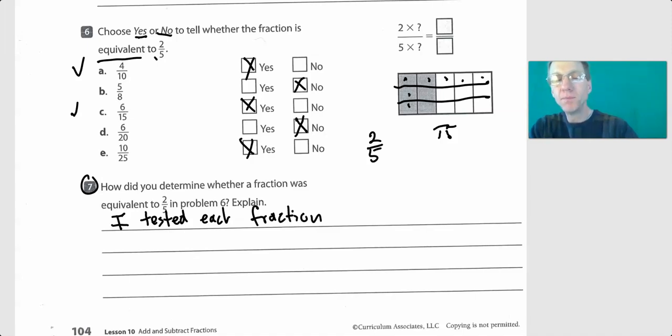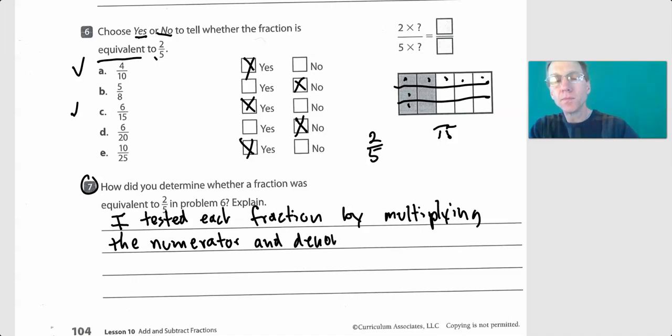So I tested each fraction, and what I did was just by multiplying, whoops, the numerator and denominator by the same number.